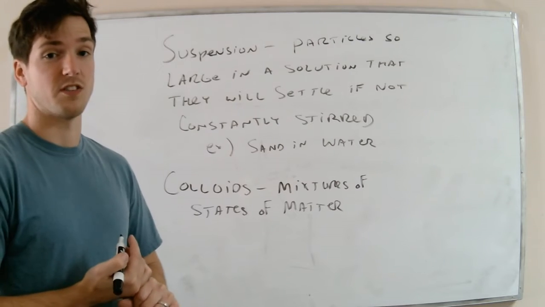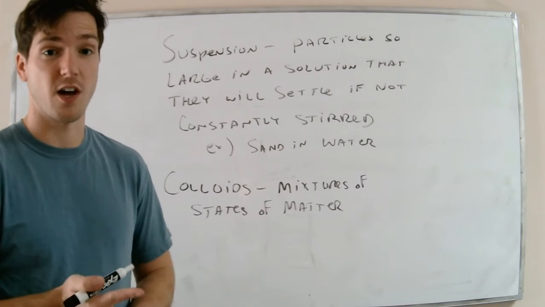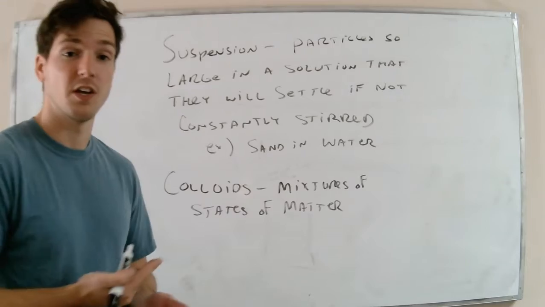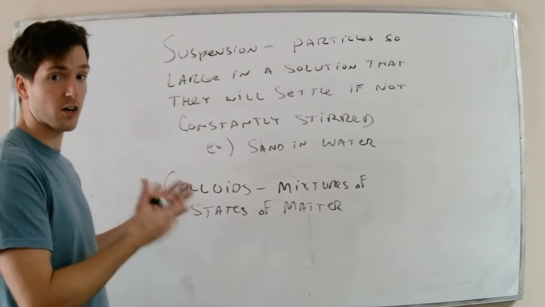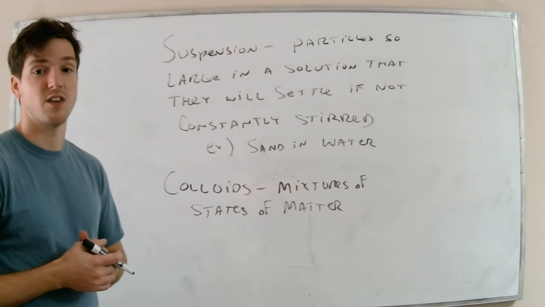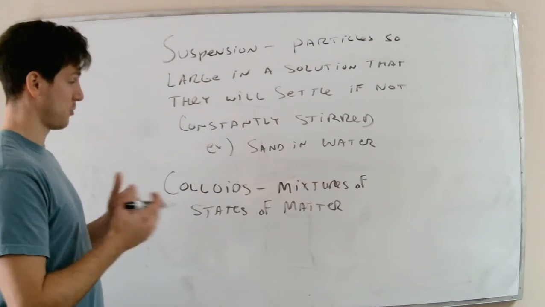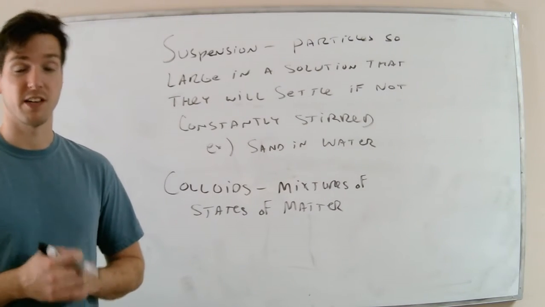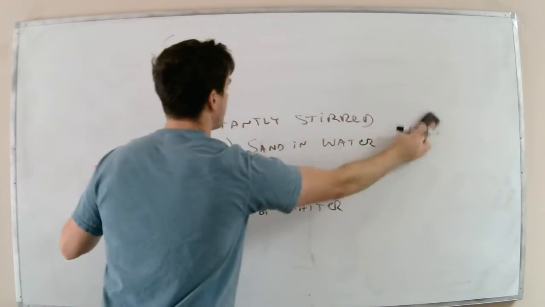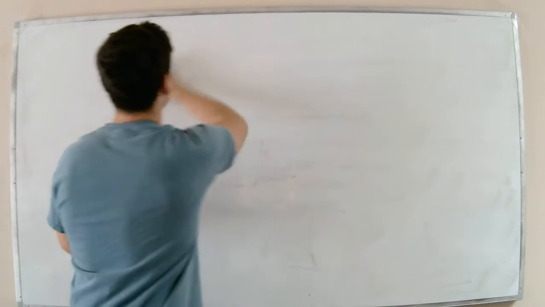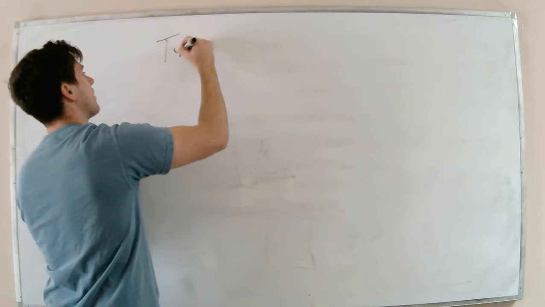Things like sol, which is a solid and a liquid, gel, which is a liquid and a solid, aerosol, which is a liquid and a gas. These are our colloids, and they're just mixtures of states of matter. I just wanted to remind us of that real quick, because it brings us into our next thing, which is called the Tyndall Effect.